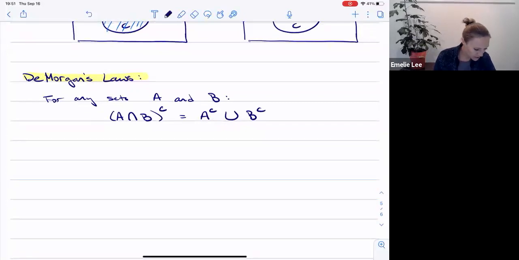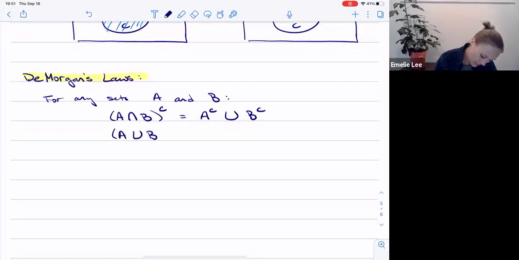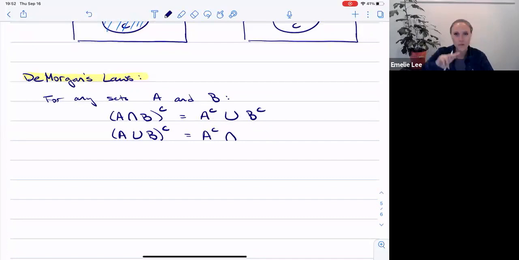How about the next one? A or B, the complement of that. I think you can take a guess at what it's going to be, right? It's going to be the complement of A, and again, it switches the sign to the intersection.